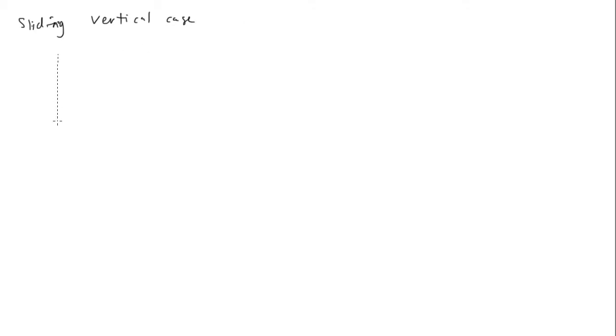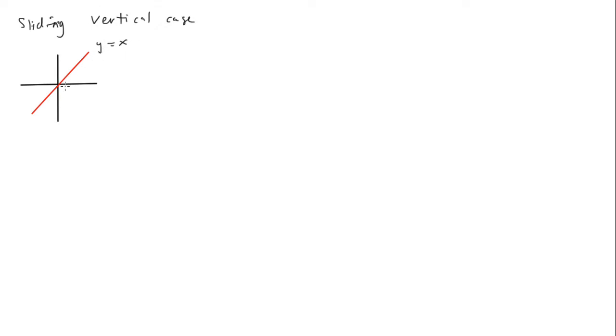So for both examples, we'll just draw a simple graph, and I'll use, say, the straight line that goes through the origin. So this is the line y equals x. So we'll use this and modify it in various ways.